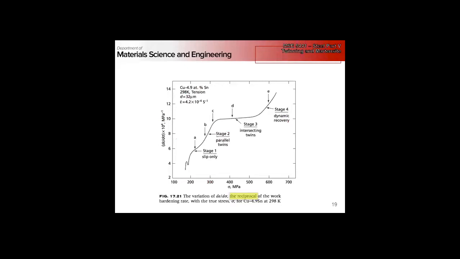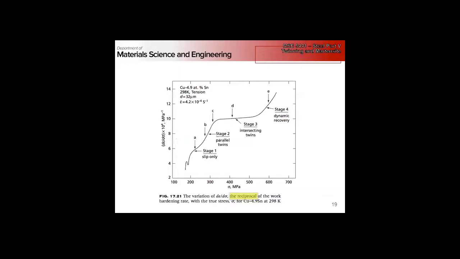So basically here in stage 1, we have only slip. We just have dislocations interacting. We start to have parallel twins. It adds just a little bit of an impediment, very little, so our slope only changes a little bit here. At stage 3, now we have intersecting twins. So you can see a really high hardening rate. And then once dynamic recovery starts to kick in, we see our work hardening rate decrease again.